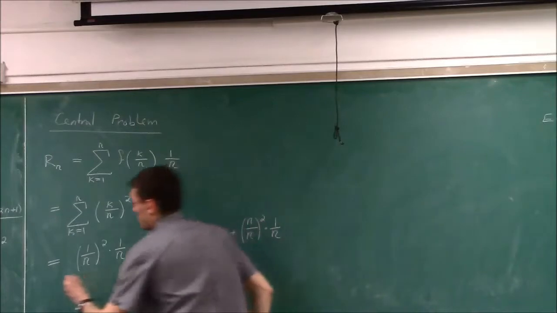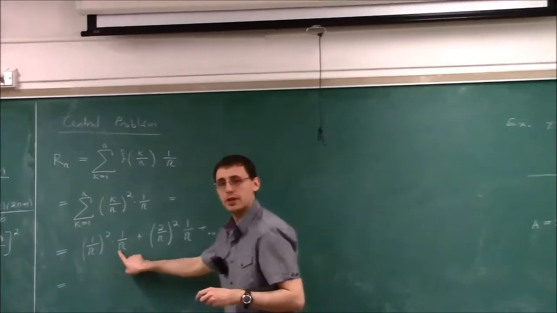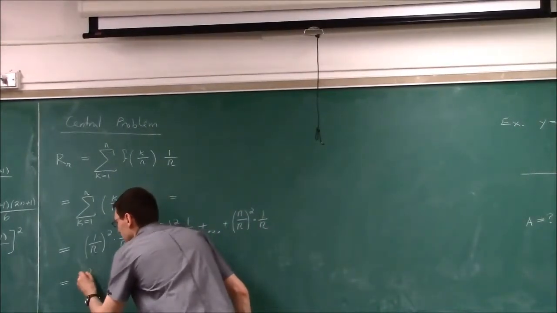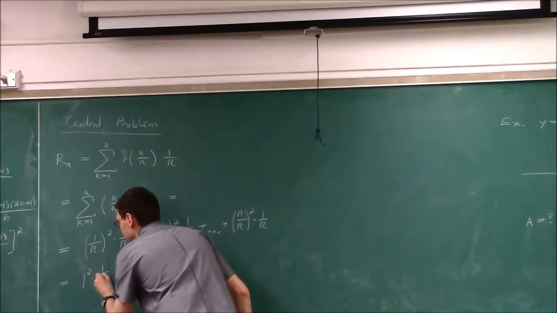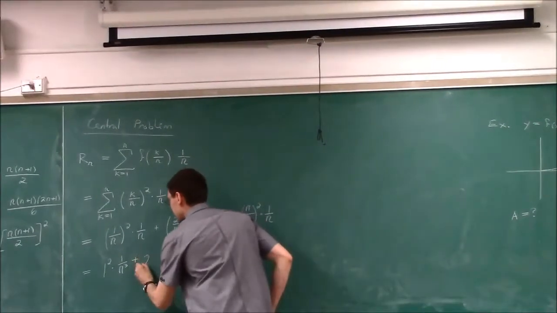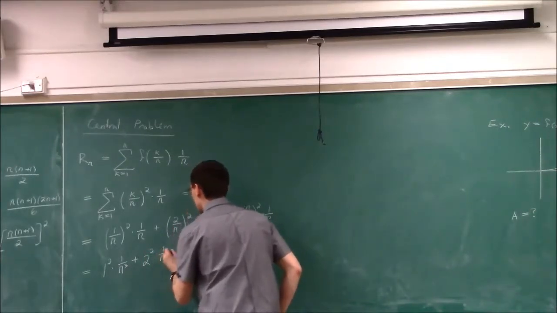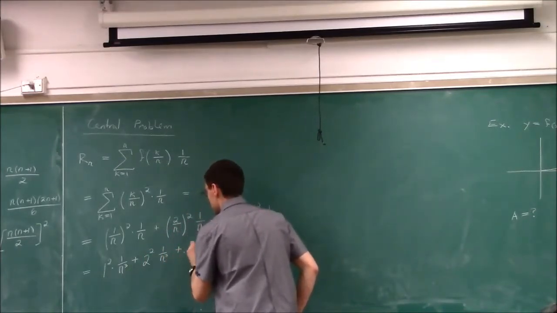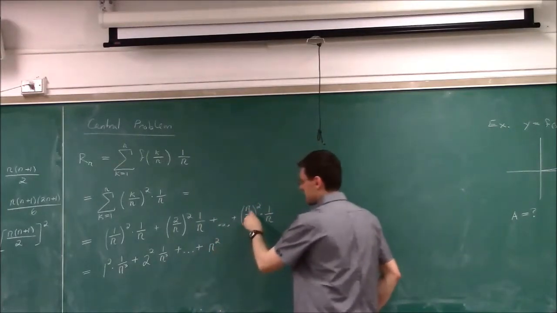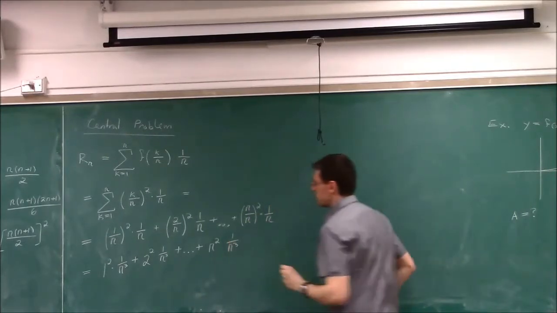So what is this? Notice what I can factor from each term here. So this has 1 over n squared times 1 over n. This one has 1 over n squared times 1 over n. So what I can do is write this as 1 squared times 1 over n cubed plus 2 squared times 1 over n cubed plus n squared, this number squared, times 1 over n cubed. You see what I did?